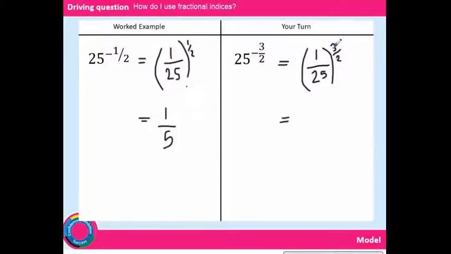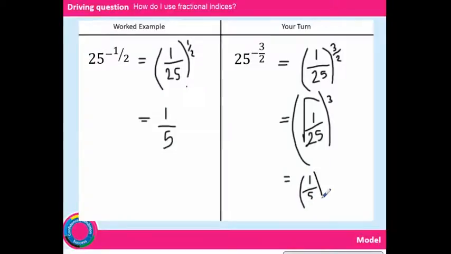My numerator is 3, so I'm going to raise to the power of 3. So I'm going to find the square root of 1 over 25, which is 1/5, and then I'm going to cube it. 1/5 cubed is 1 over 125.